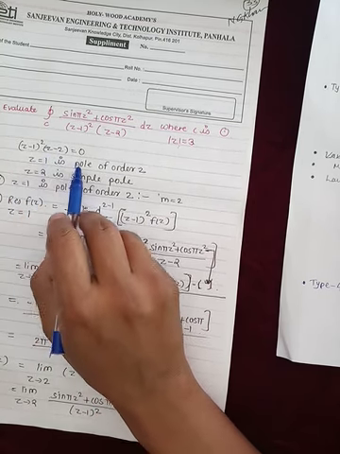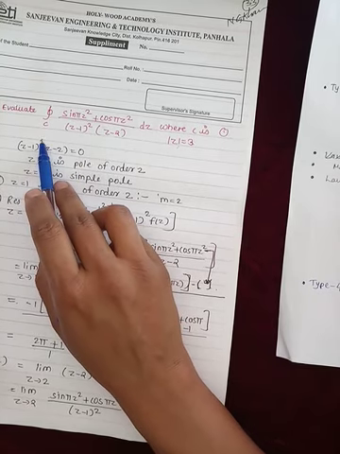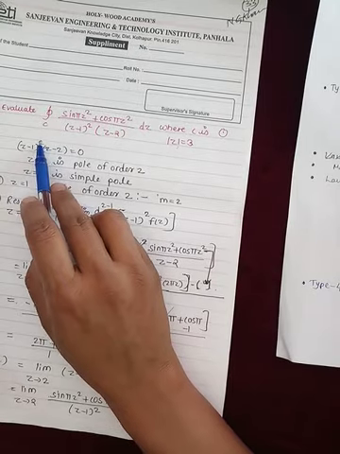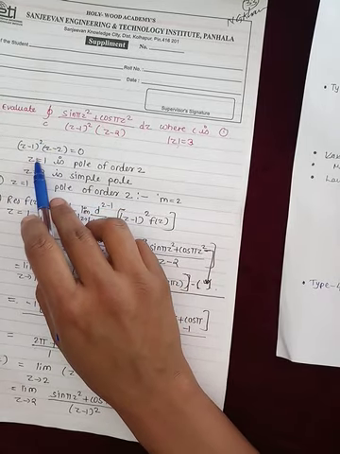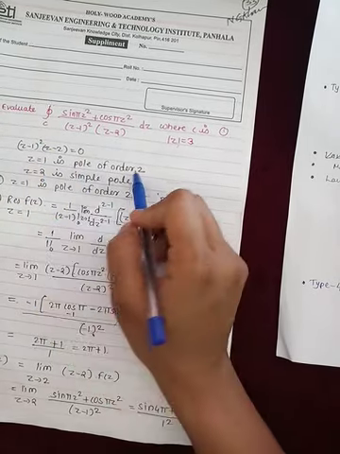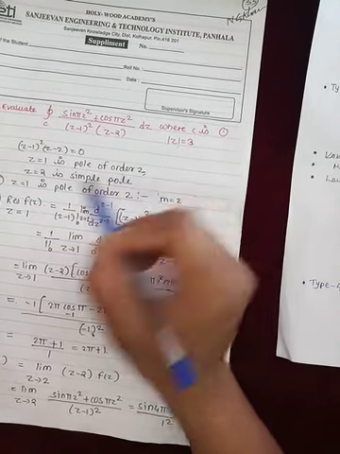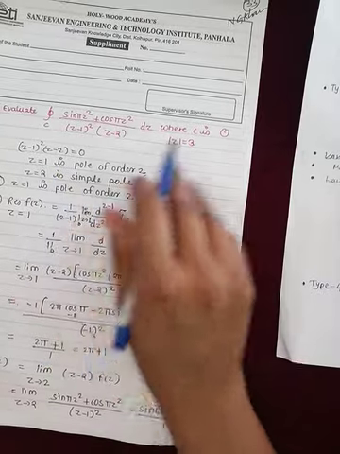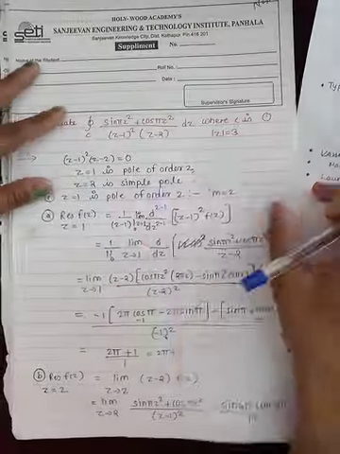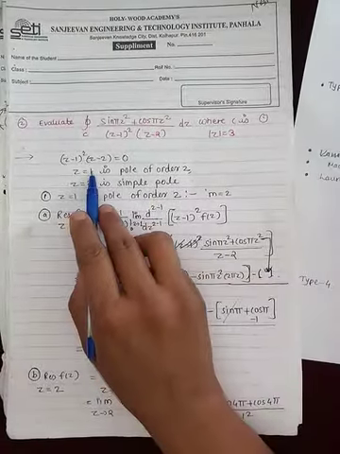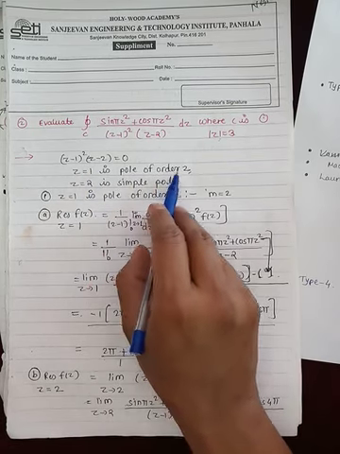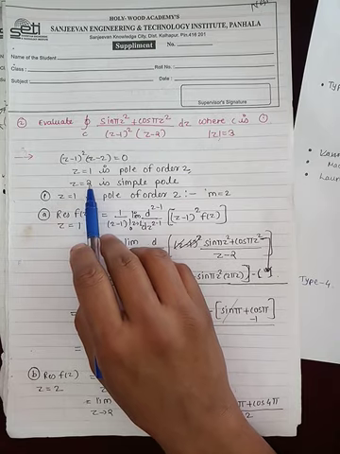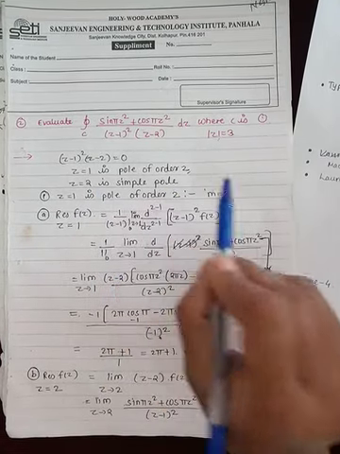Whatever the repetition number is, that is the order of that pole. So z equal to 1 is a pole of order 2. Then z minus 2 equal to 0 gives z equal to 2, which is a simple pole, because it is not repeated.